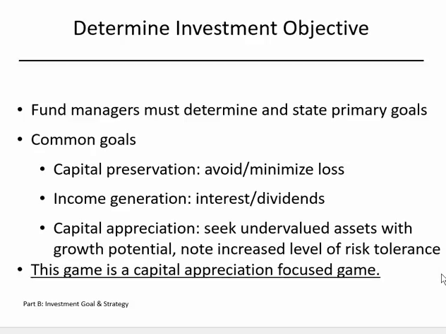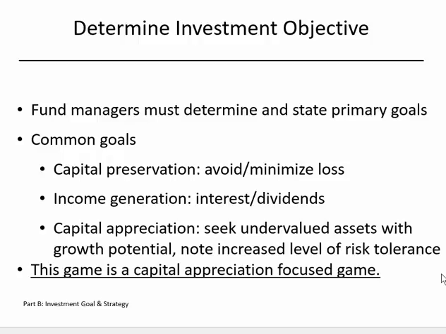So let's take a look. How do you determine what an investment objective is? Well, there are really three kinds of objectives. There's capital preservation. Essentially, you want to avoid any kind of losses. Income generation is self-explanatory. You want to try to find investments that are going to provide a maximum amount of interest and or dividends.